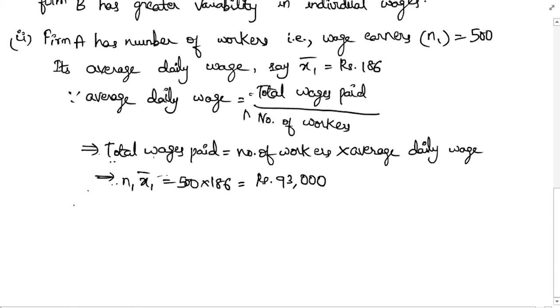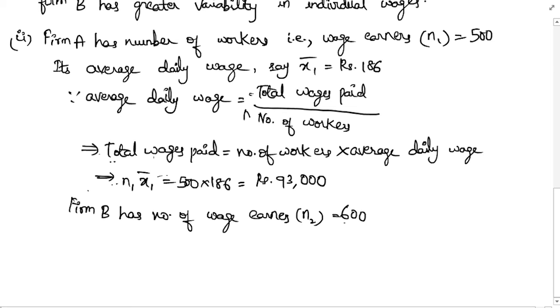Now firm B has number of wage earners, that is N2, equal to 600. So average daily wage, say x2 bar, is equal to rupees 175.